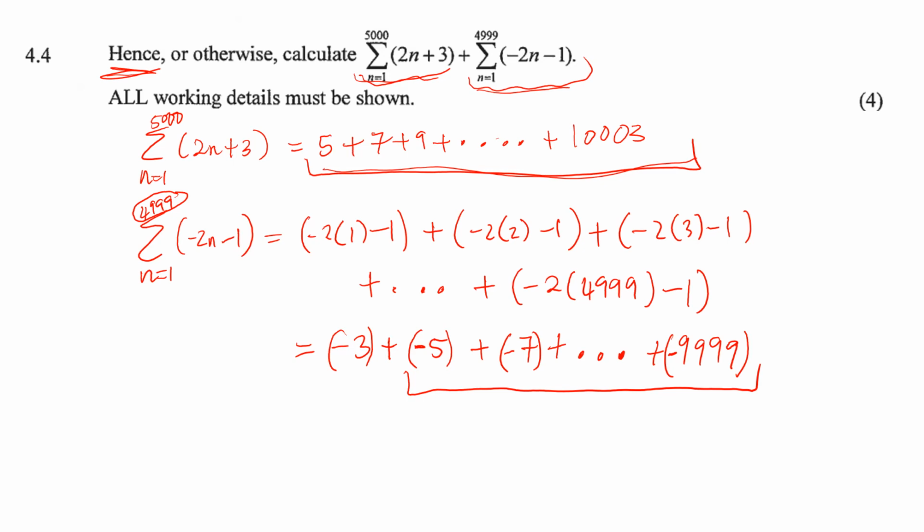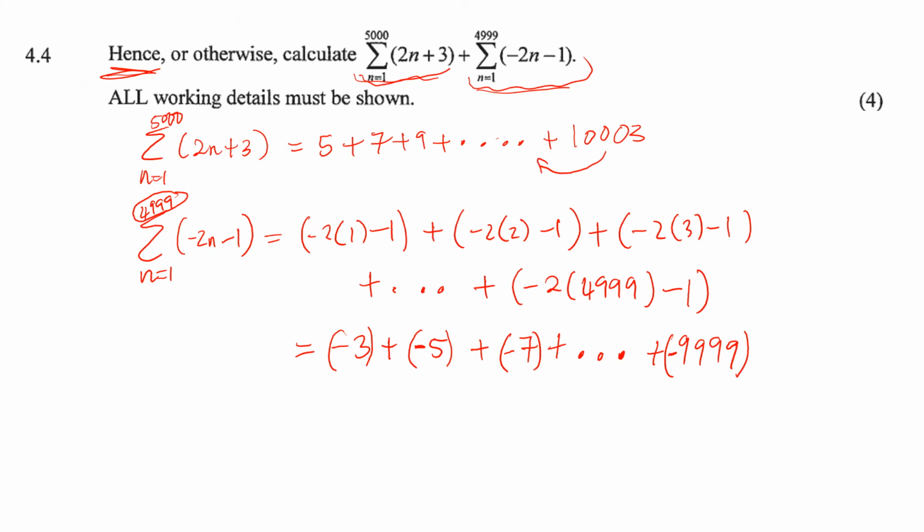This one has a common difference of 2, this one has a common difference obviously of negative 2. Can you see? So it's quite the same sequence. So what we can do, because we are adding them, right? Let's reverse this last term on this one, so that we can see if we can get something like 9999, so that we can cancel out whatever is cancelling out, and finally get the answer.